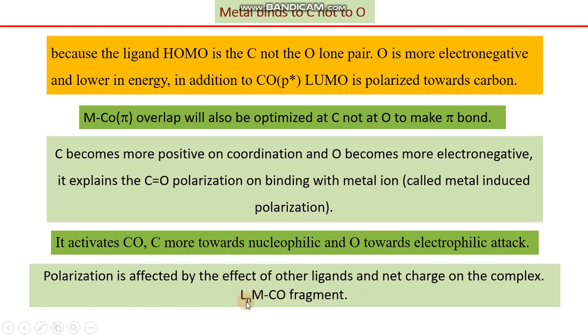So we have to take into account the Ln ligand, whether it is an electron withdrawing or electron donating group, and the reactivity of carbon monoxide, as we discussed here, will change in the opposite direction.